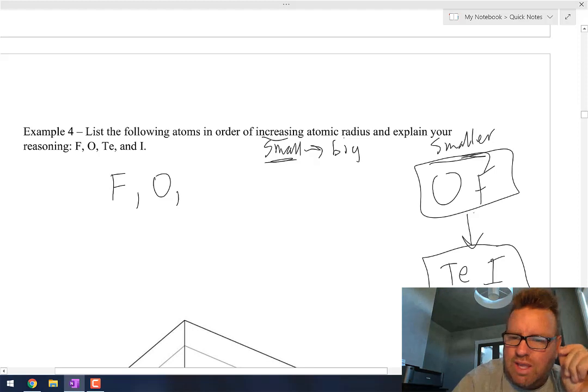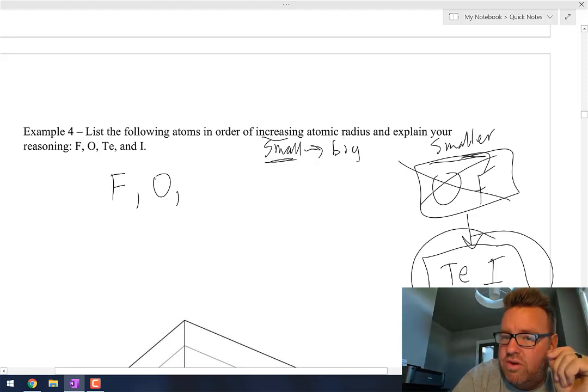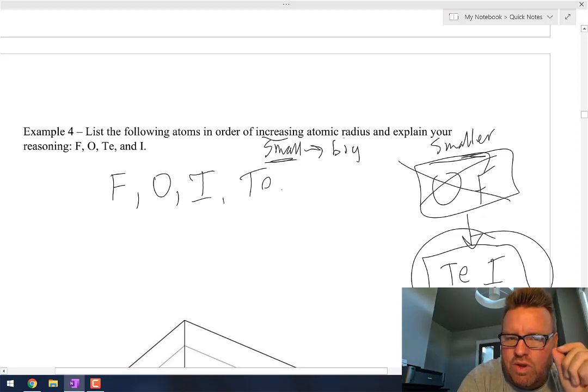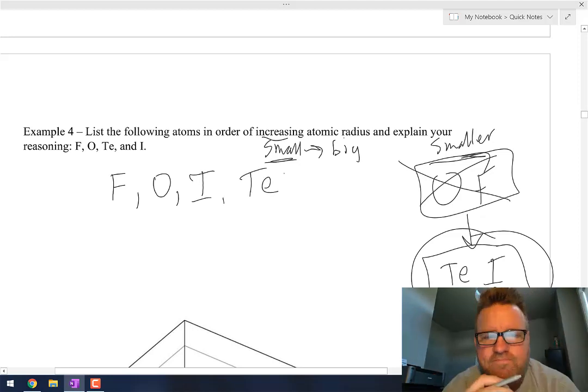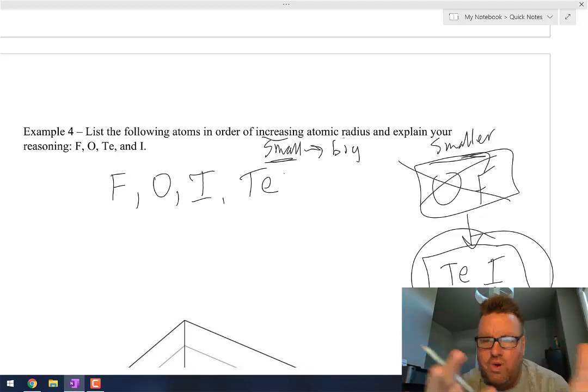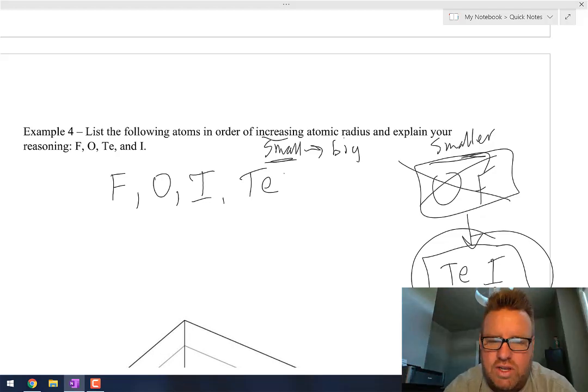And then the next one, again, now those are taken care of. Now of the bigger two, which one's smaller of those? Remember, as you go across, they get smaller. So the smallest one of those two would be iodine, and then the biggest one would be tellurium. Okay? And again, we explained that already. As you go across, more attraction. As you go down, more electron shells.